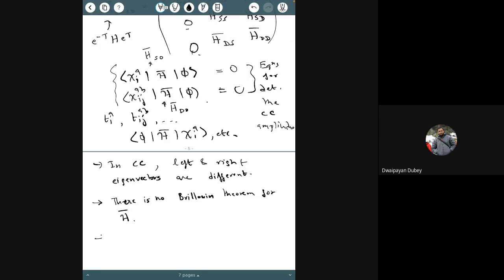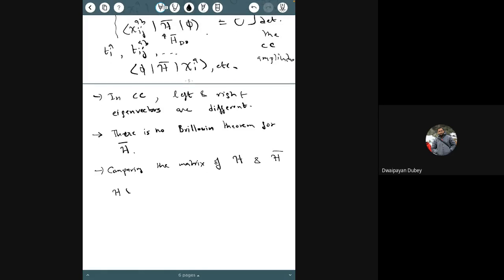So what we are trying to do is we are comparing the matrix of H and H bar. So I told you that H and H bar have the same energy spectrum. Exactly the same if T and e to the power T are not truncated.